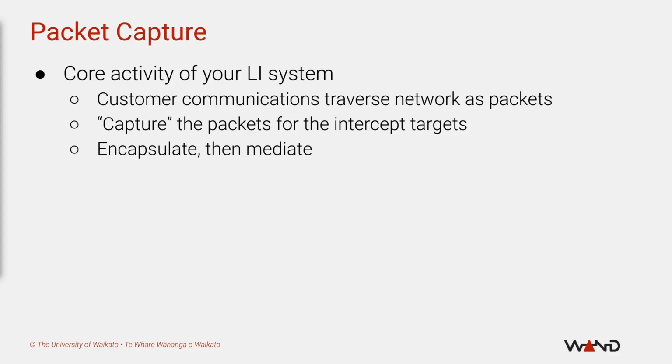Once a captured packet has been determined to belong to an active interception target, then the LI system can continue with the rest of its process. That is, to first appropriately encapsulate the packet with the ETSI required headers, and then mediate the resulting record to the requesting LEA. But before that, the first and key step is to capture the packet from the underlying network.